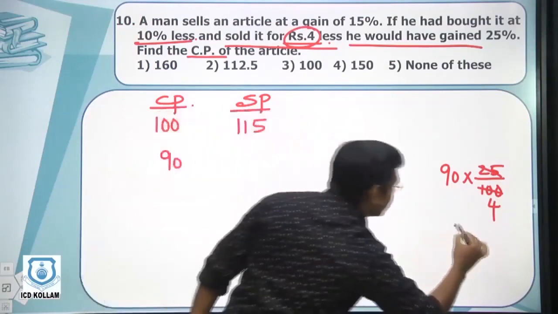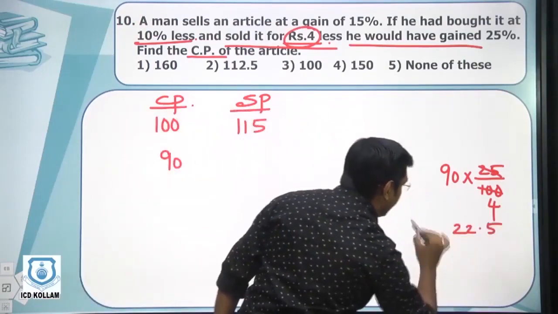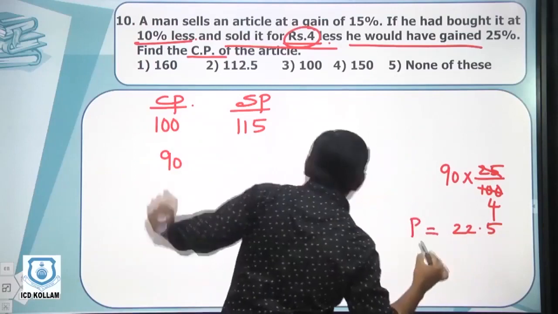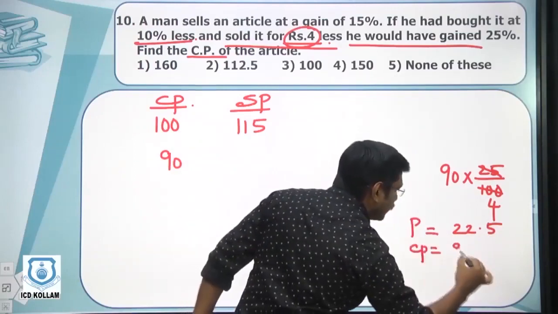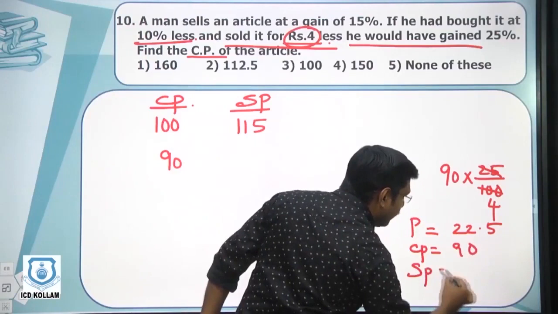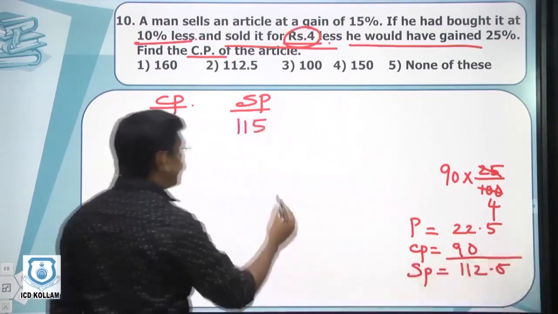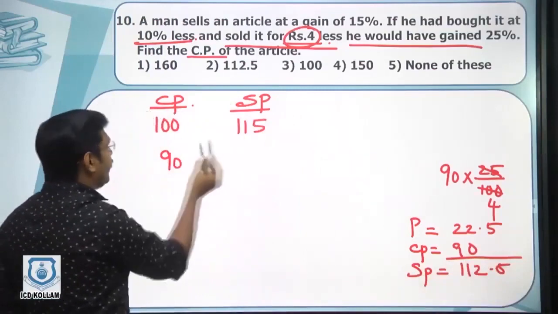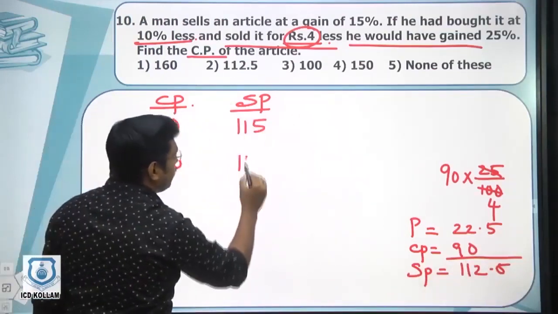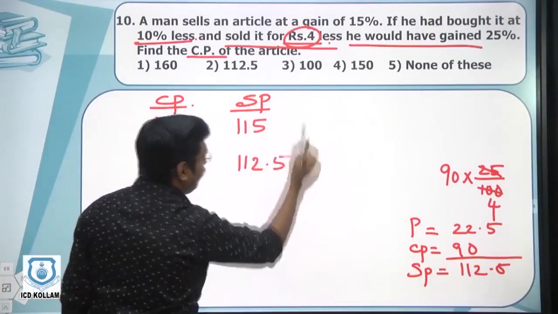So we will get the profit as 22.5. Yes, we got the profit and we know the CP as 90. So the selling price in that condition will be the sum of that, that is 112.5. So to get that 25% profit, if the CP is 90, the selling price should be 112.5.